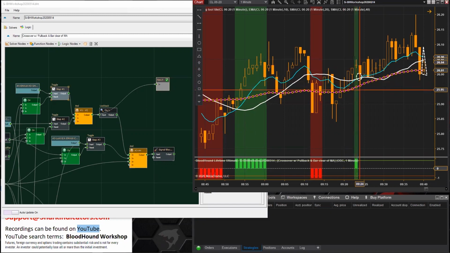We took a shortcut here and said if the high of the bar is above the 40 SMA, that's basically a touch. Like I said earlier, that's technically not the correct way to define a touch with the logic, just looking at the high price being above it.